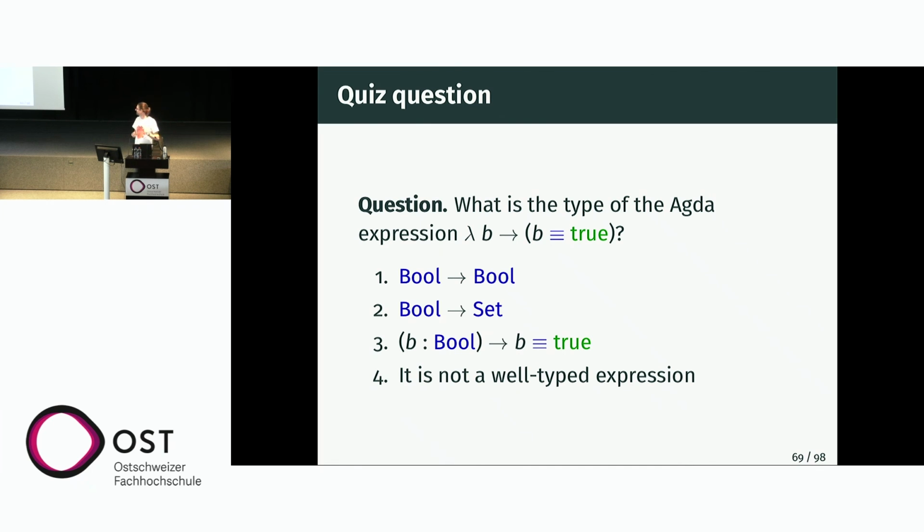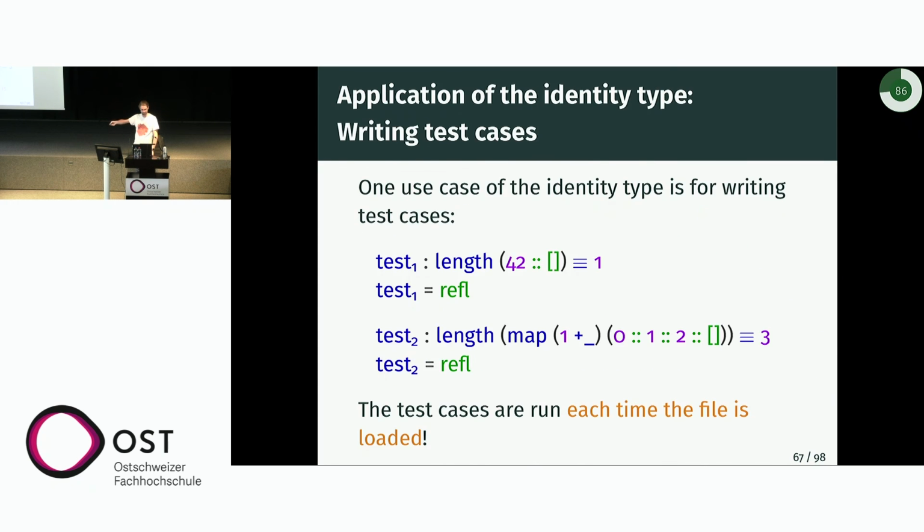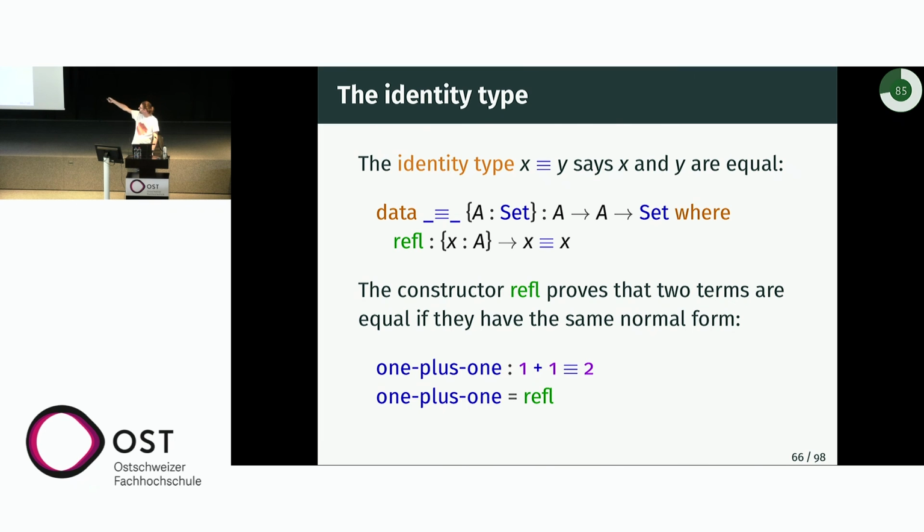Yeah. So the correct answer here was answer 2. This is a function that takes a Boolean as an input and returns this thing, b equals true. That's a type, so it's returning a type, hence the return type should be Set. As you saw here, this equality type returns a Set.